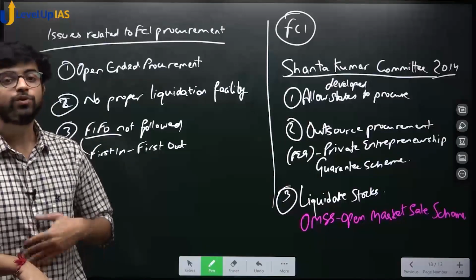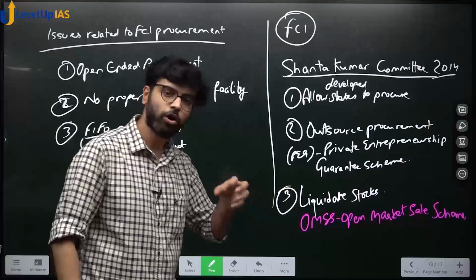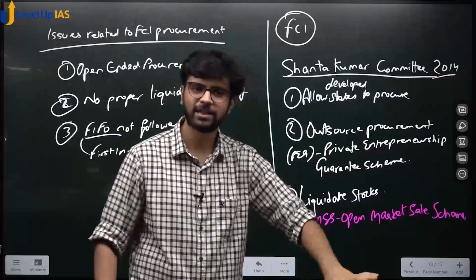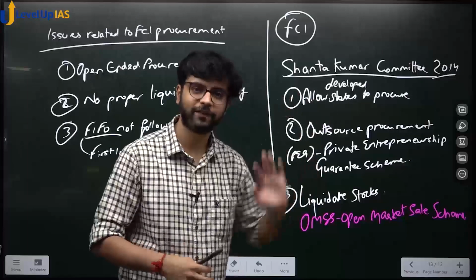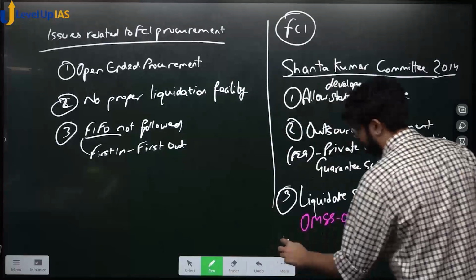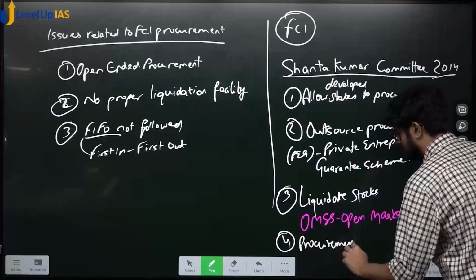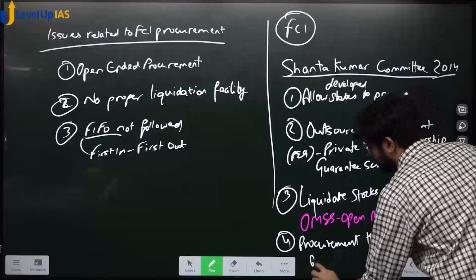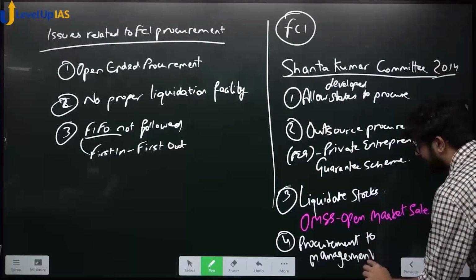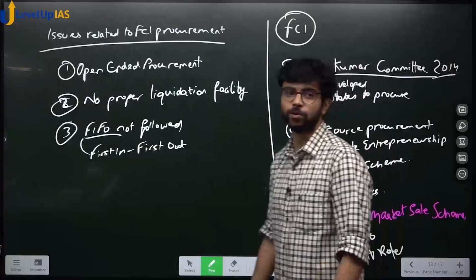And FCI should move away from a procurement role to a manager role. I hope you are getting it. Privates will manage, so basically it is a promotion for FCI. FCI should move on from procurement to a management role.